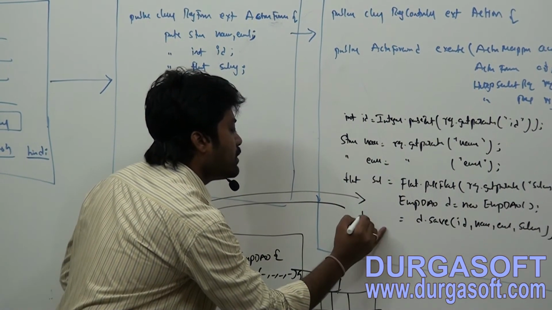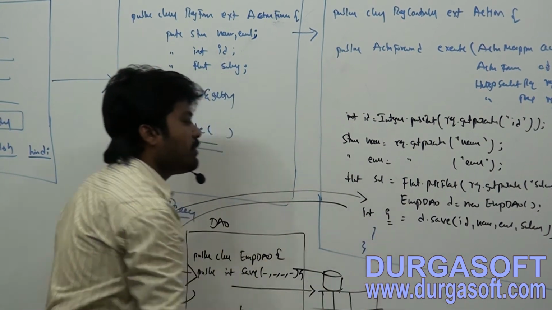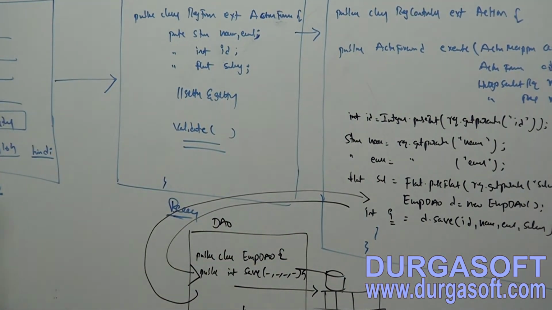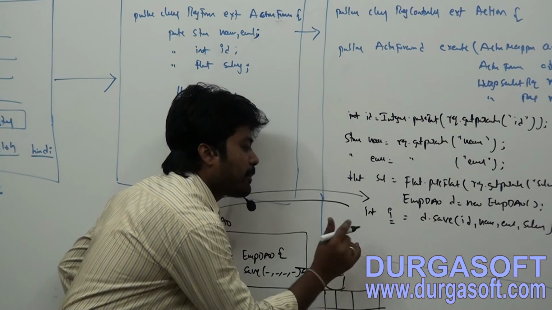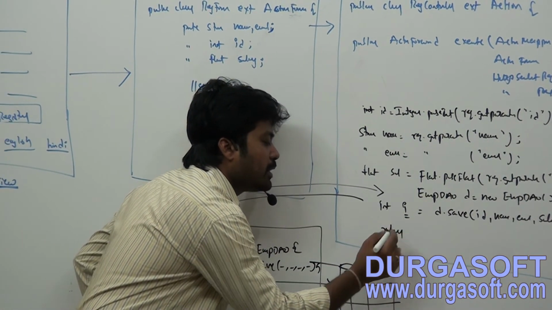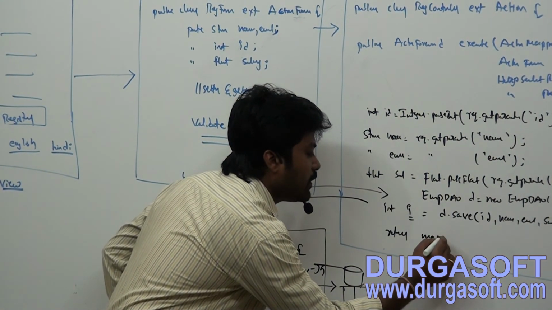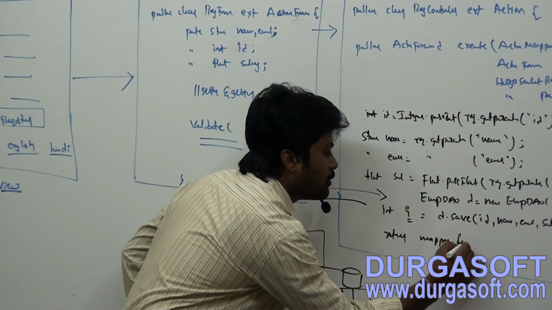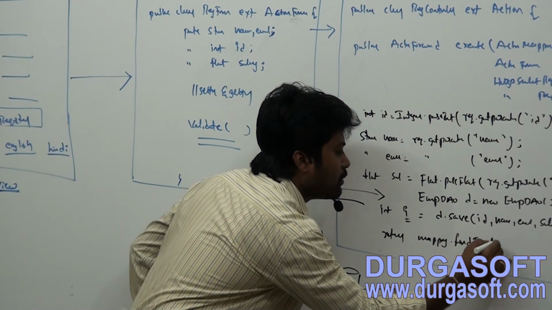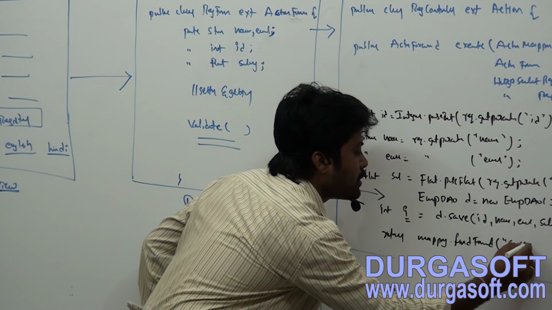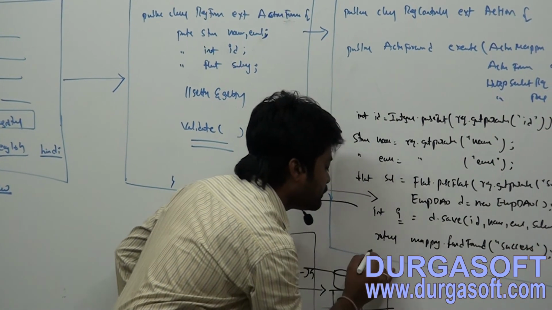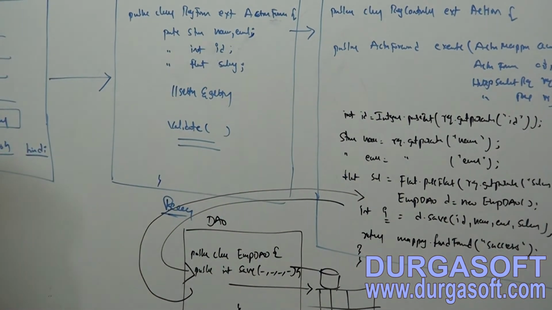Finally it will return one integer value. Based on that integer value, finally you need to return mapping dot find forward of success or failure.